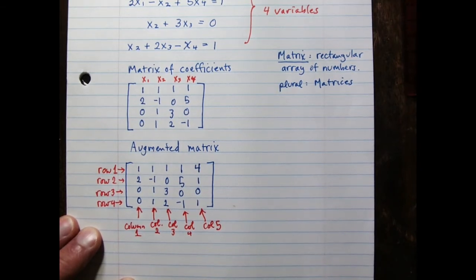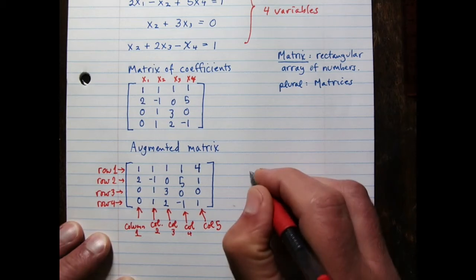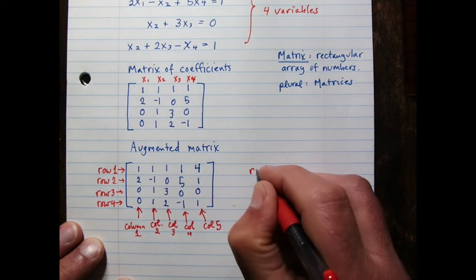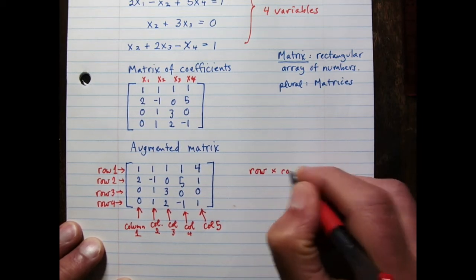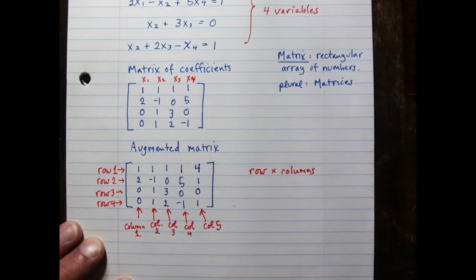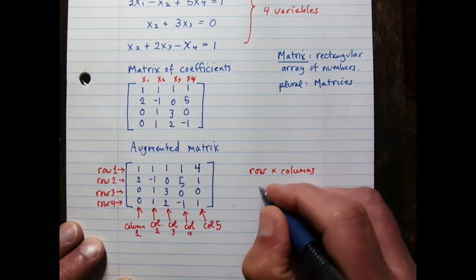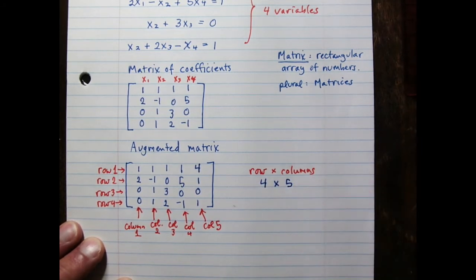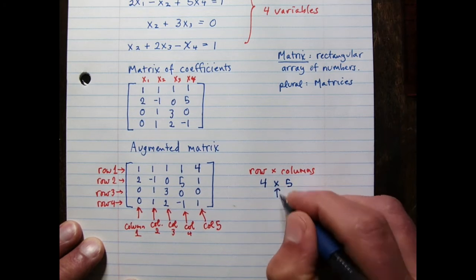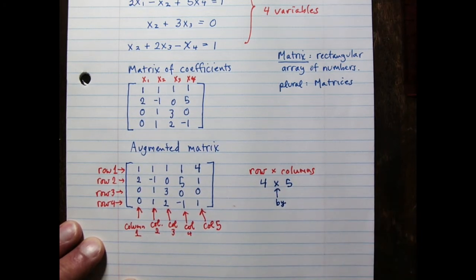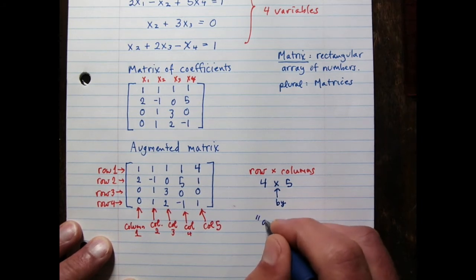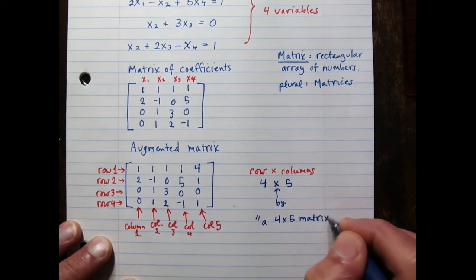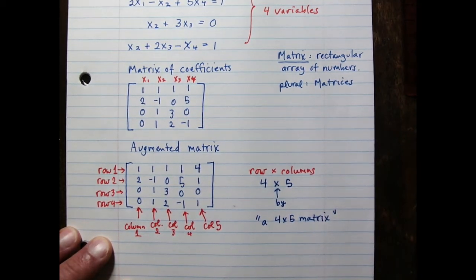And when we refer to a matrix, we always talk about the number of rows and columns as its dimensions. And we always give the rows first. So this augmented matrix, we would write 4 by 5. We write a little X in between, but we read that by using the word by. And so we call the augmented matrix a 4 by 5 matrix. That tells me exactly what its size is.